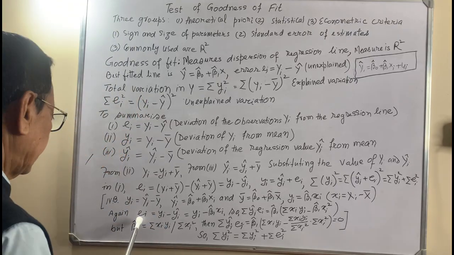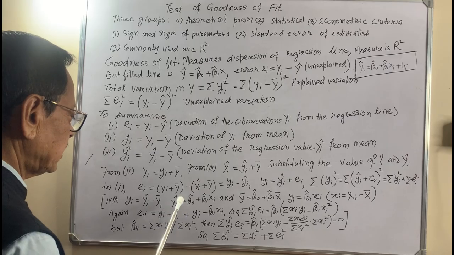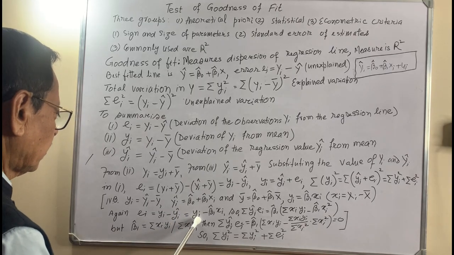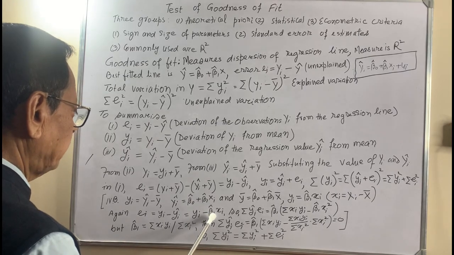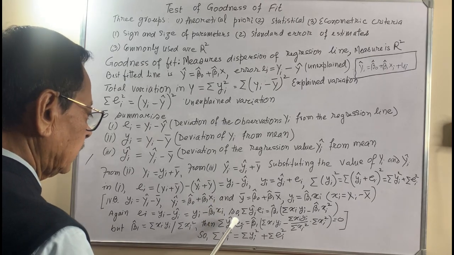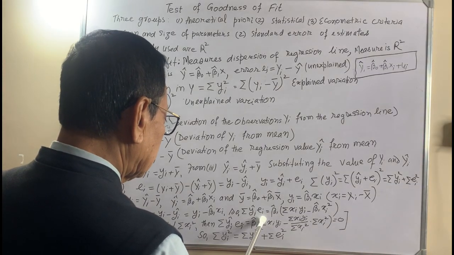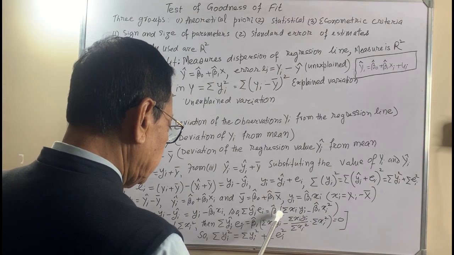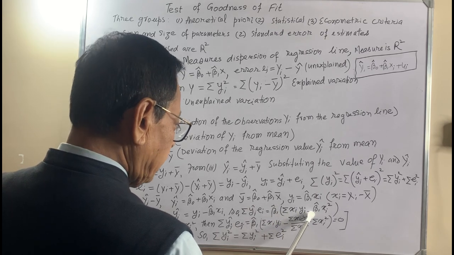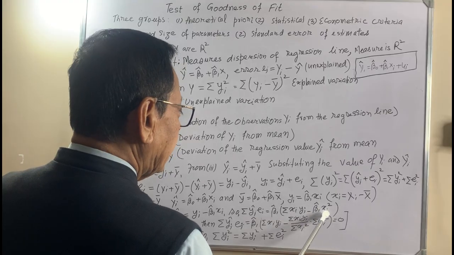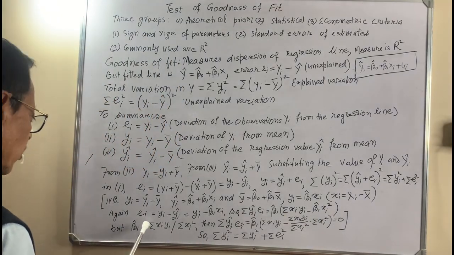Again, the error e_i is equal to y_i minus y_i estimated, which is equal to y_i, and for this we substitute minus beta 1 hat x_i. So the summation of y_i estimated e_i is equal to beta 1 hat summation x_i y_i minus beta 1 hat squared summation x_i square.